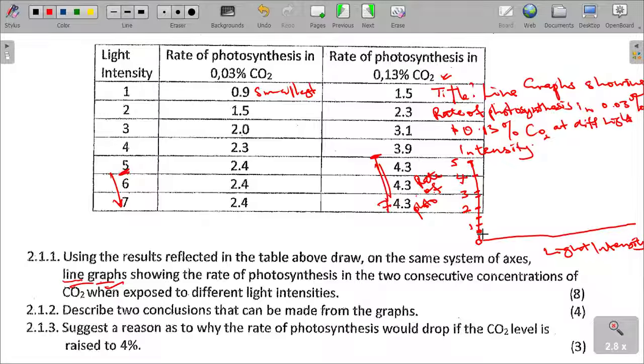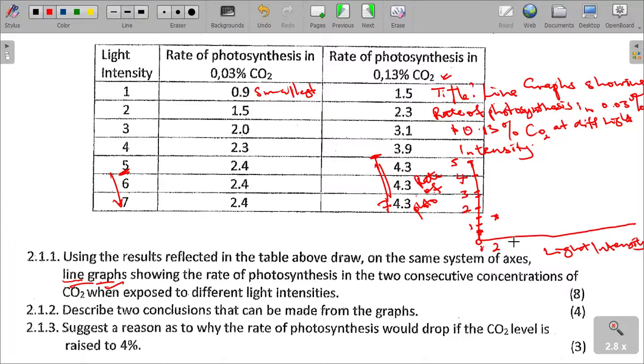At 2, it is 1.5, so my 1.5 can be there.